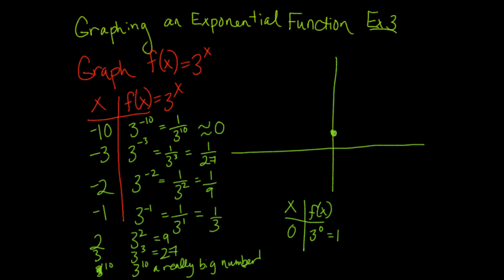So let's just plot some points. Negative 1 is at 1/3, so here's 0, 1, and here's 1/3, and here's negative 2 is 1/9, and then negative 3 is 1/27.